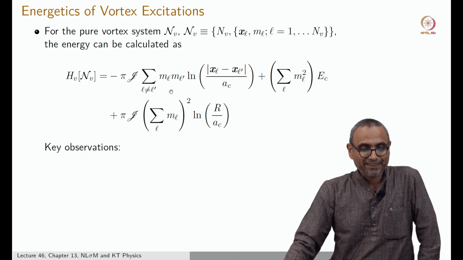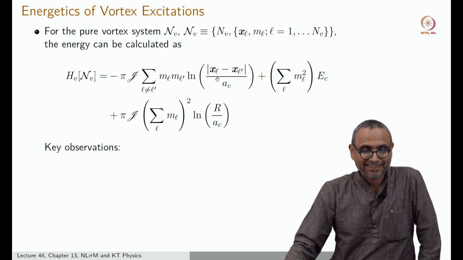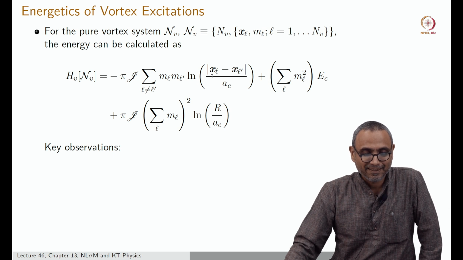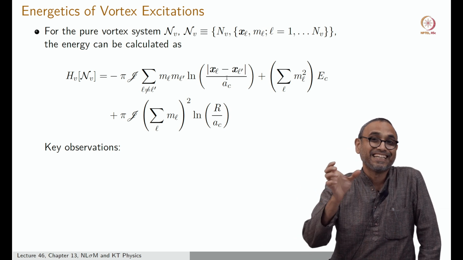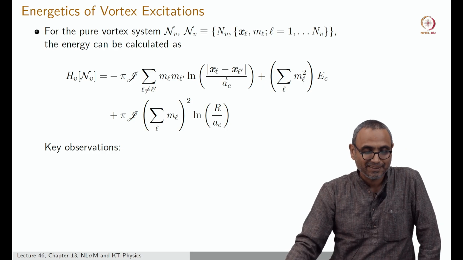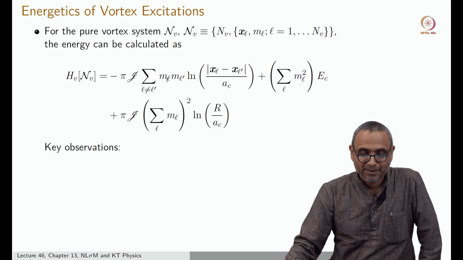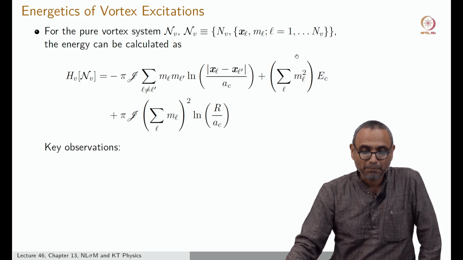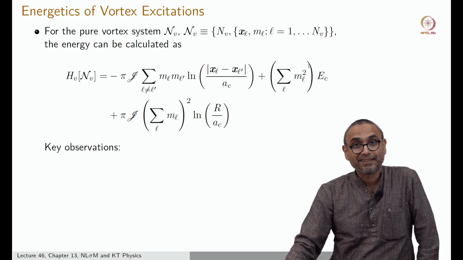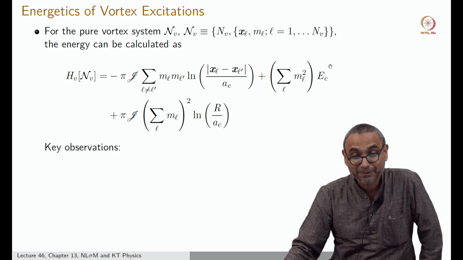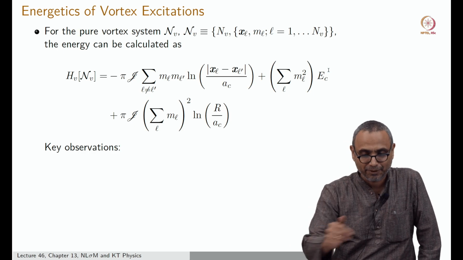So what is the result? There is some logarithmic dependence on the distance between the vortices, and there is the product of the vorticities. Then there is a term which sums over the squares of the vorticities times E_core, and this is obviously from the previous formula.